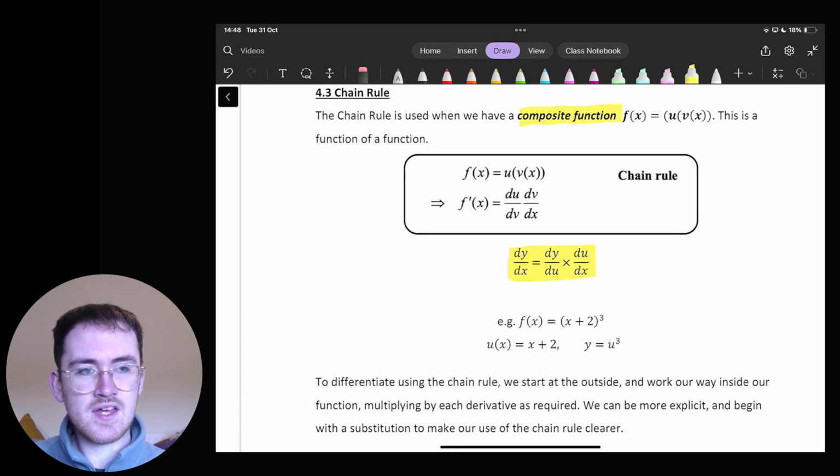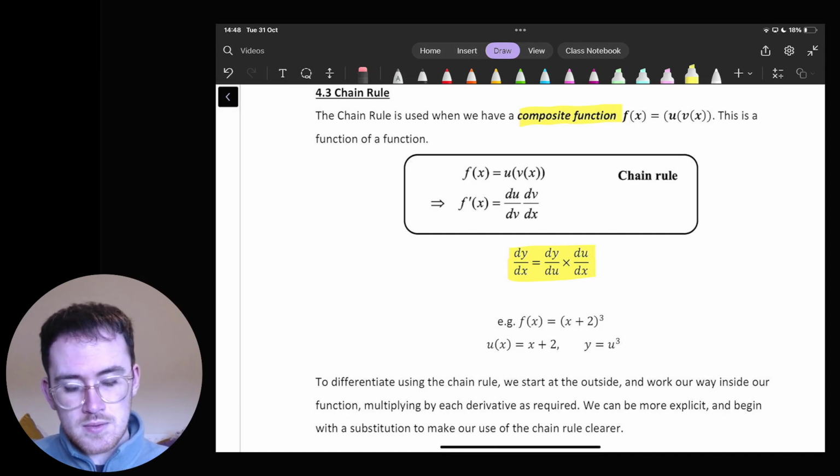And when we have that, we can label our two functions like u and v as we've done before, or maybe what we'll do more often is just label one of them, and we'll use a substitution for that one. And we can find the derivative of my overall function with respect to that substitution, and then the derivative of my substitute function with respect to the variable in question. What we're always aiming for is what I've highlighted here in yellow.